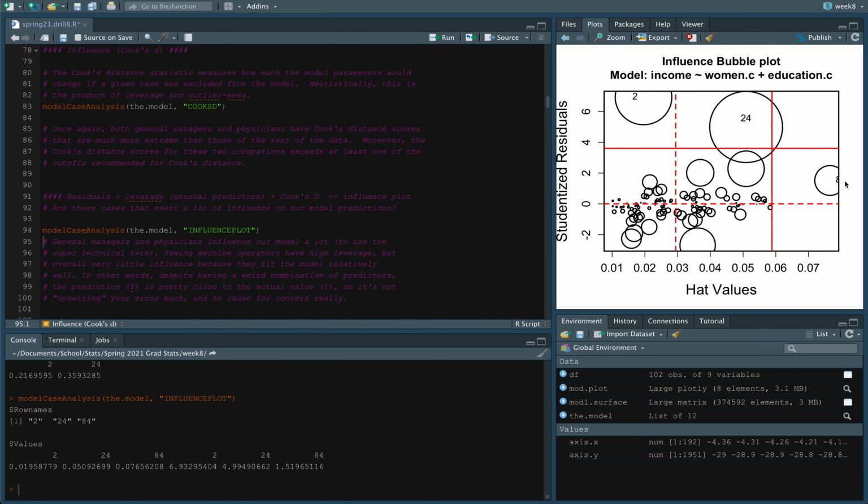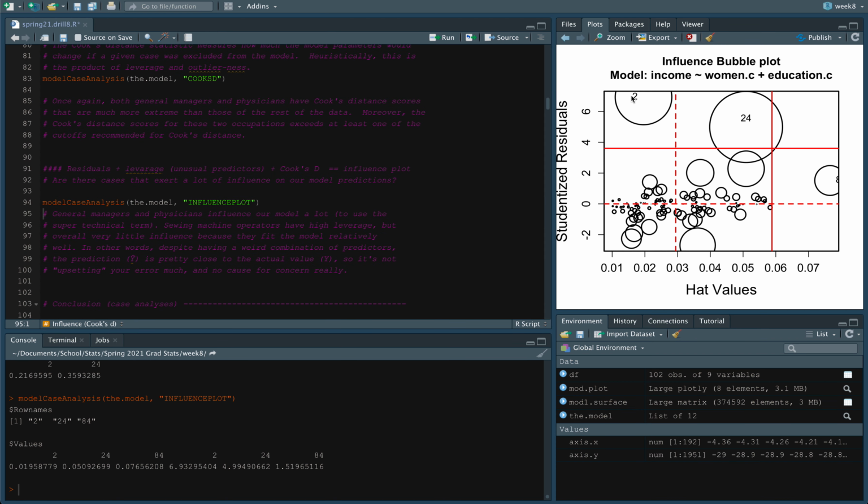So again, this 2 and 24 are our general managers and physicians, and this one over here is our sewing machine operators. So general managers and physicians influence the model a lot, because their Cook's distance is way far off.